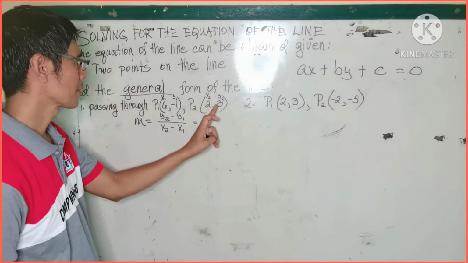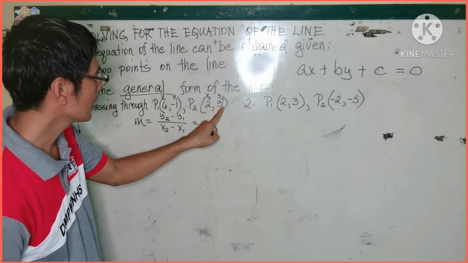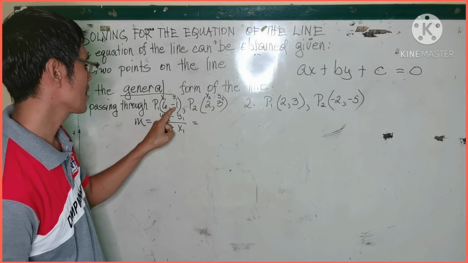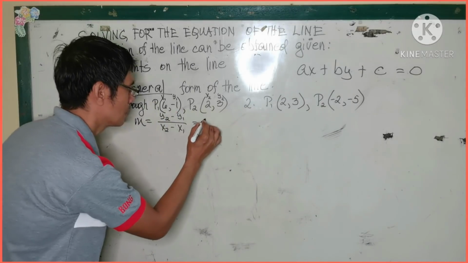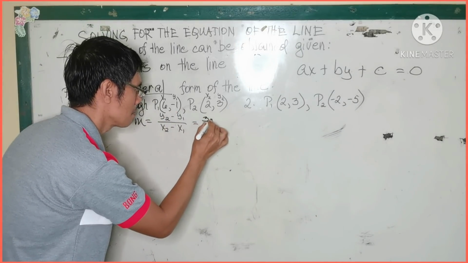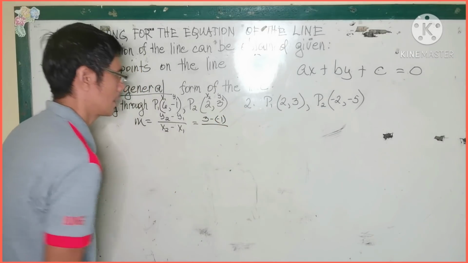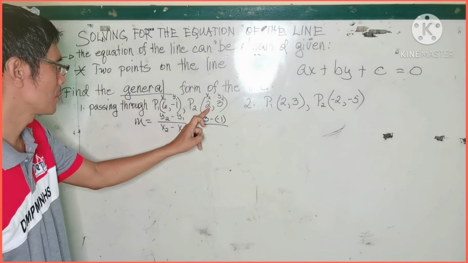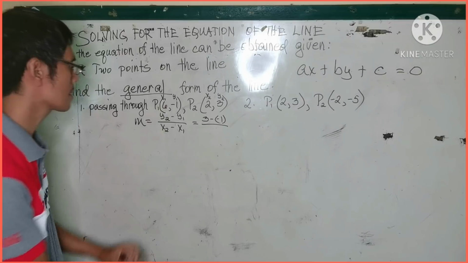So yun. Y sub 2 minus y sub 1, so that is simply 3 minus negative 1. So what is 3 minus negative 1? Isulat ko. 3 minus negative 1 over, so you have x sub 2 is 2, x sub 1 is 6, 2 minus 6.